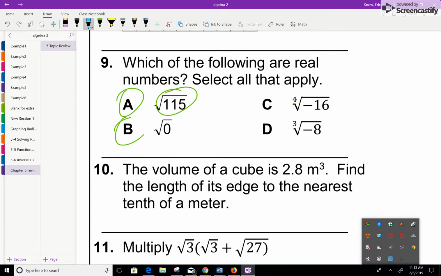C is no bueno because we have an even root with a negative underneath. So that is a no. So A, B, and D are all real numbers.